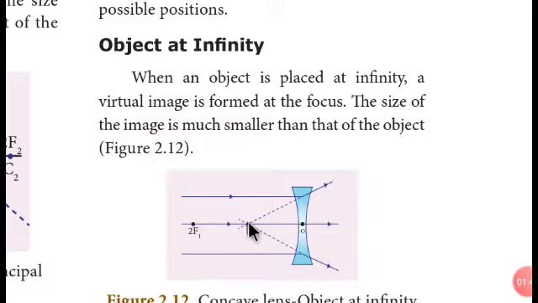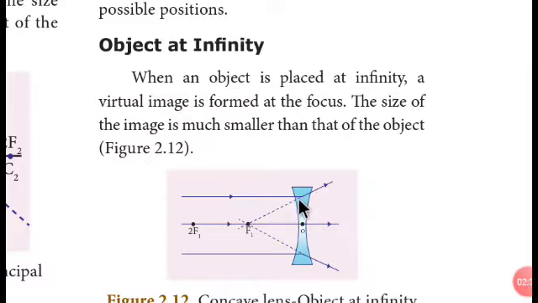See here, it's a virtual image because when the incident ray hits the lens, the lens makes the rays diverge. So these rays won't meet at a particular point after they are diverged, right?